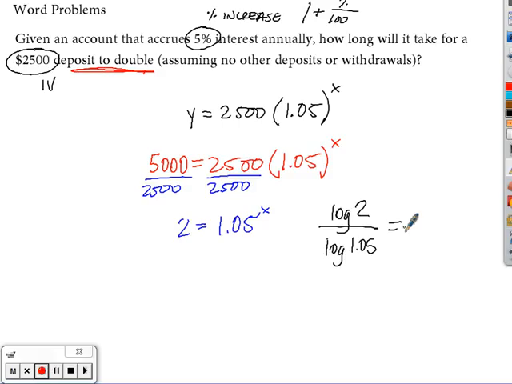So when I type that in, I'm going to get 14.2 years. Now, for word problems, it might not be a bad idea to change that to 14 years and 2 months. But I'll take 14.2. It's not 2 months, though, because of the 0.2. You remember that? Because there are 12 months in a year, not 10. And that's it.